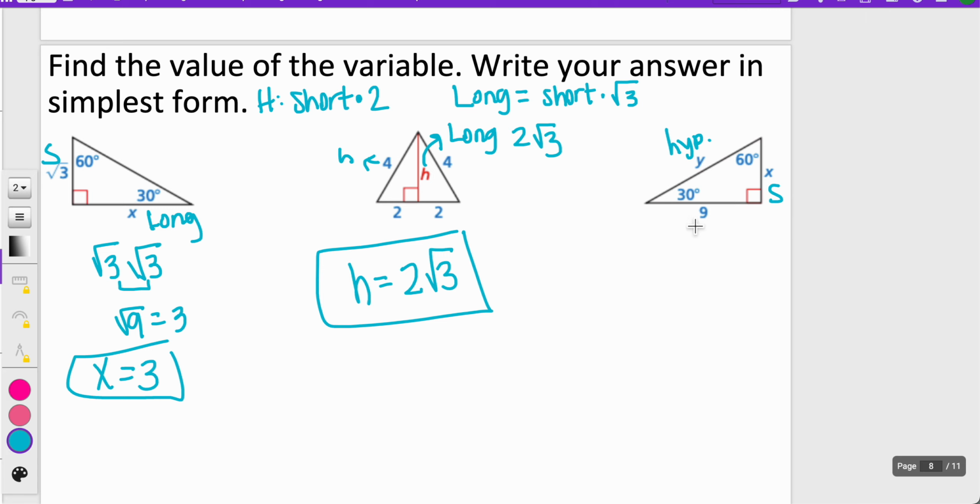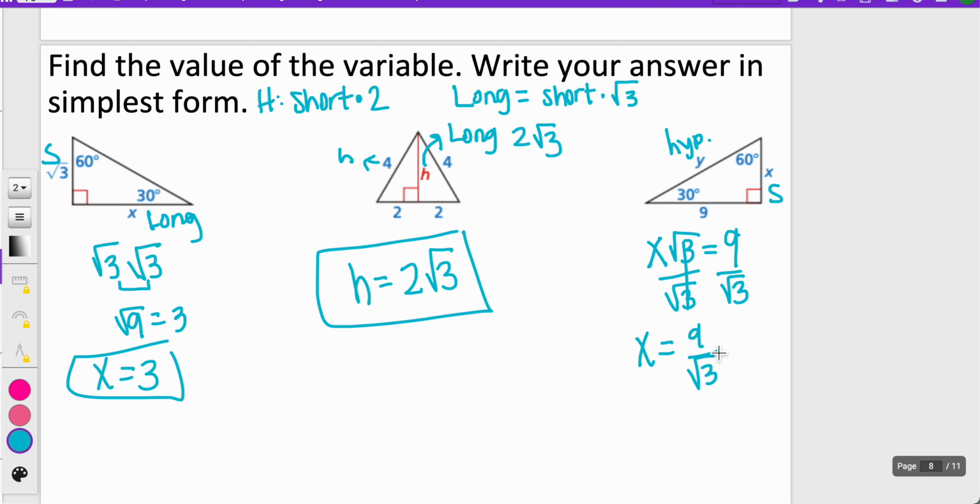So long side is 9, but I know if I take my short side and times that by square root of 3, I'm equal to 9, okay? So what I'm going to try to do here is maybe find a radical and solve for x. So I'm going to divide both sides by square root 3. So I'm going to get x is equal to 9 over square root 3.